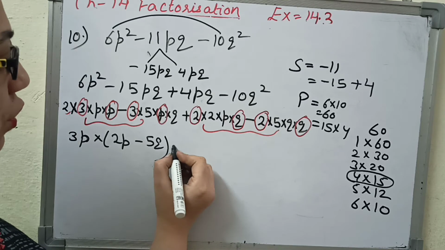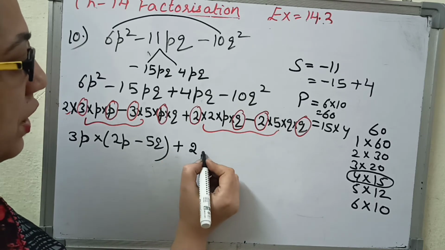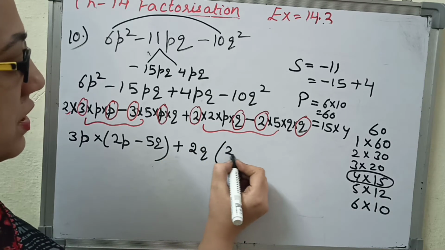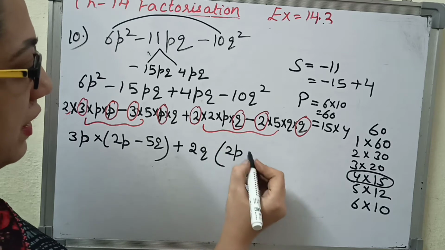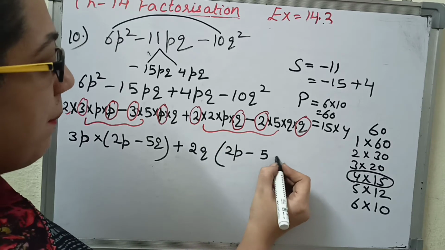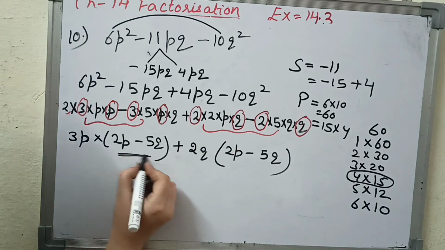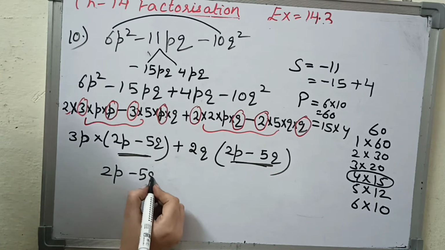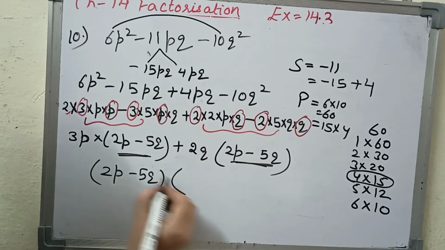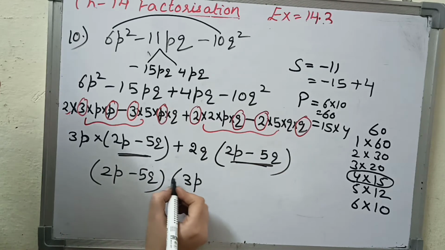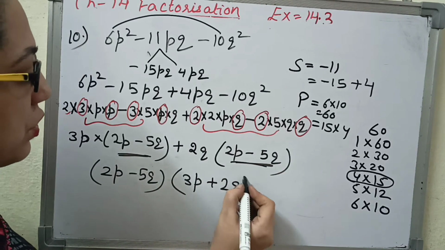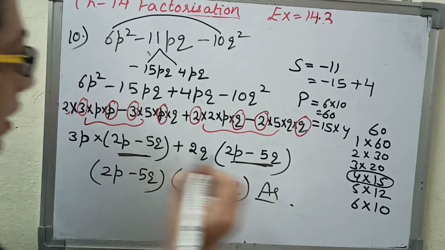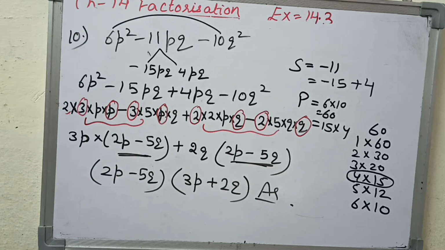Similarly from the third and fourth terms 2q is common, so the term left we write inside the bracket, that is 2p minus 5q. Again you see both these terms are the same, so I take 2p minus 5q common, and the terms left are 3p plus 2q. So these are the factors of sum number 10.